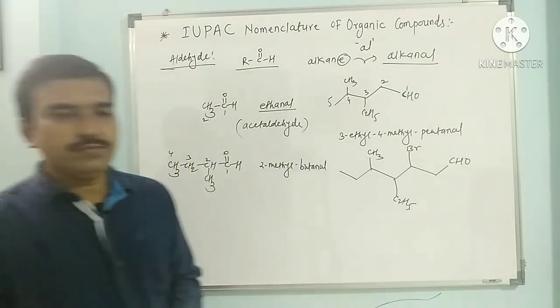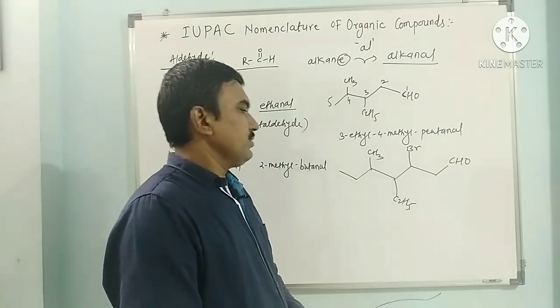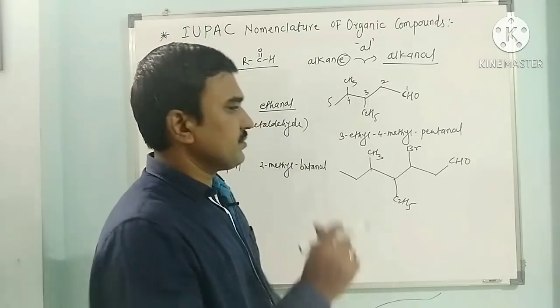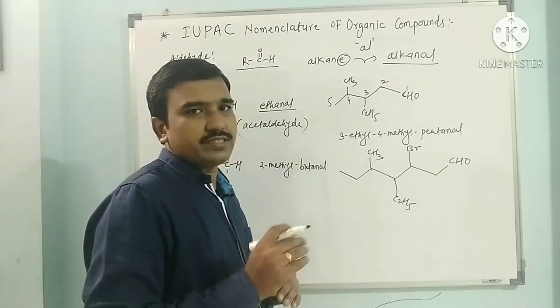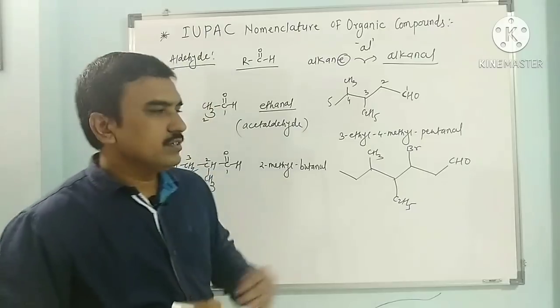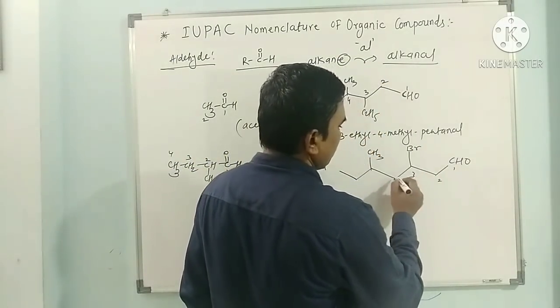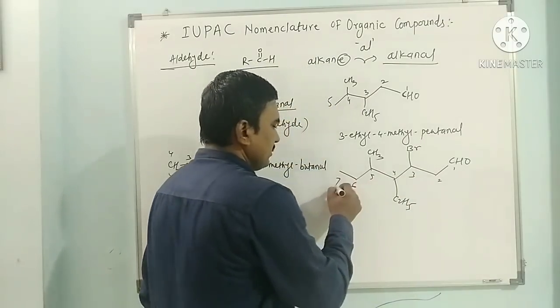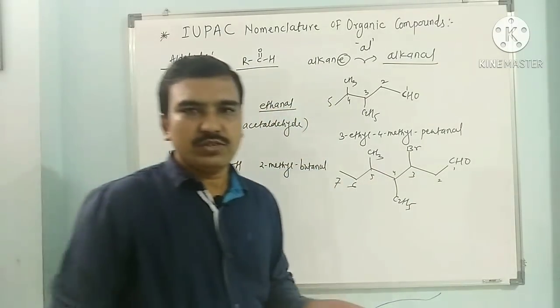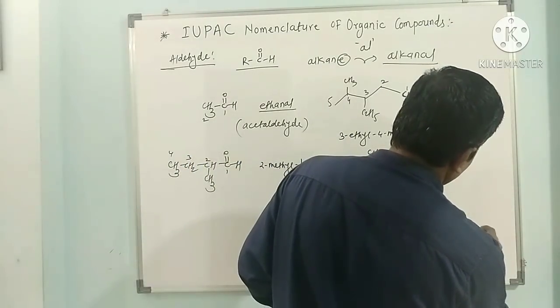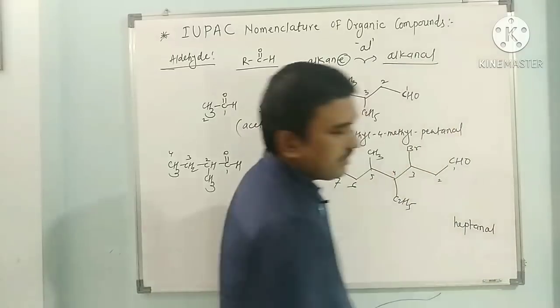So for this compound we have to predict its IUPAC name. The first important task is to select the longest continuous chain in which the first group should be CHO. So this is 1, 2, 3, 4, 5, 6 and 7. How many carbons? 7. So it is heptanal.